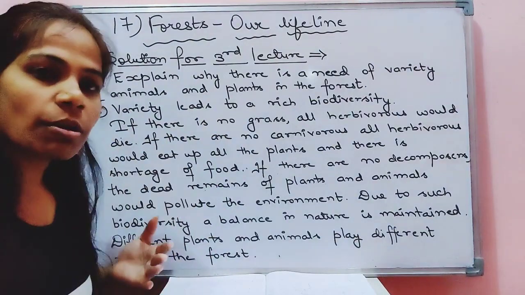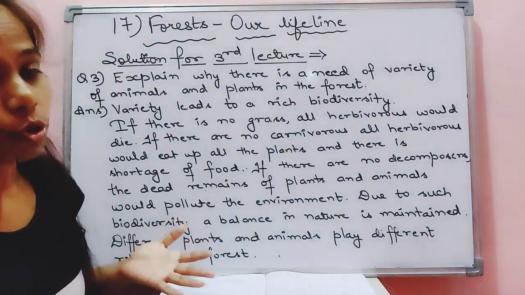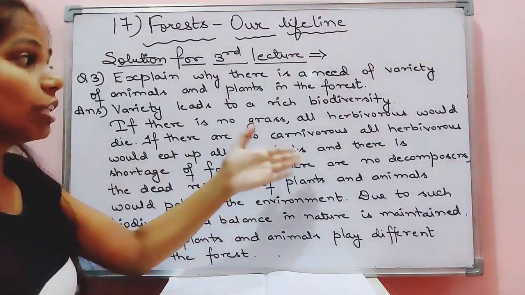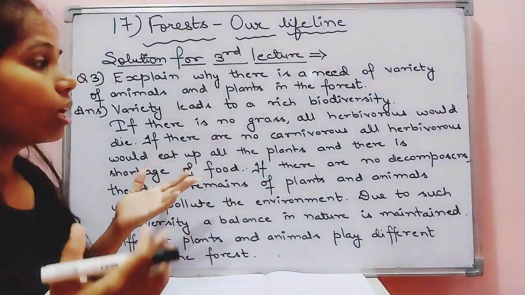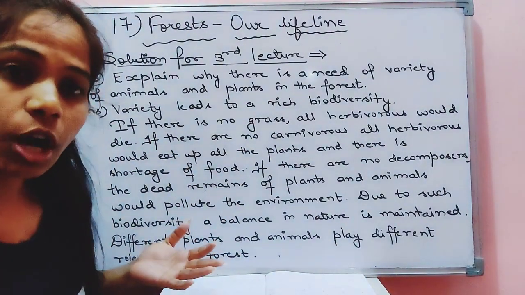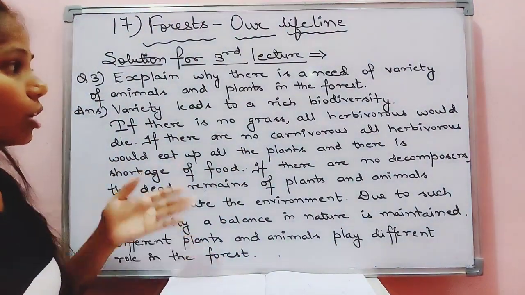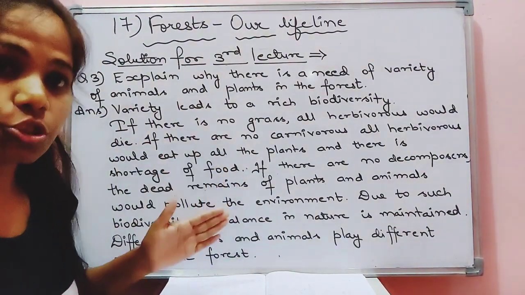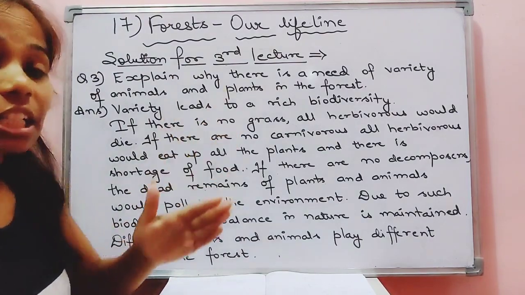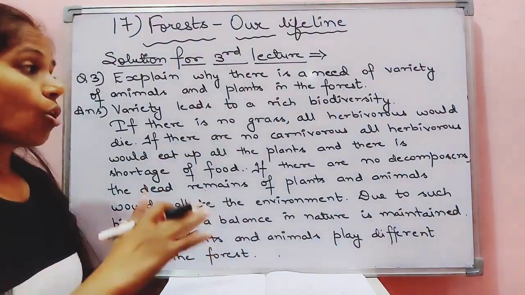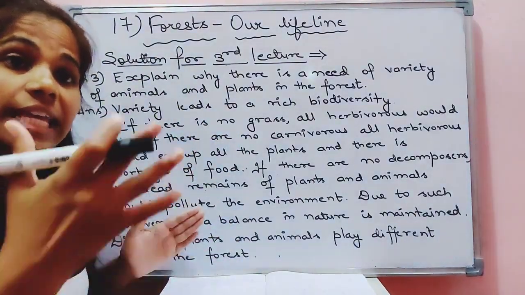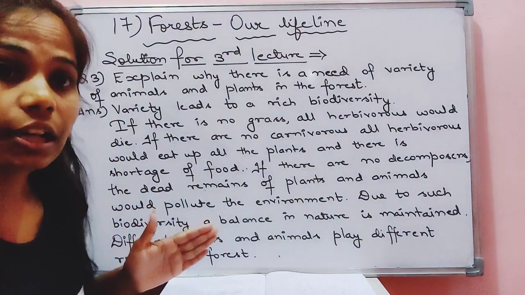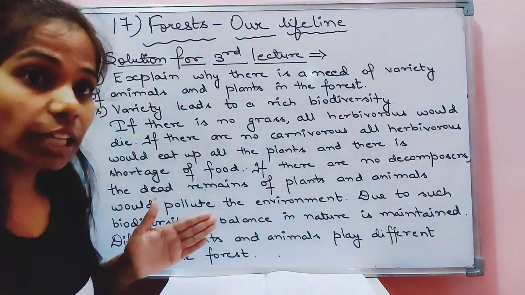If we increase the number of herbivores, they will eat more and more plants. And if we increase the number of carnivores, then there would be no herbivorous animals. Okay. So the chain of the animals, that is the food chain we call it, is interconnected. So we should not harm any variety or any type of animal or plant.